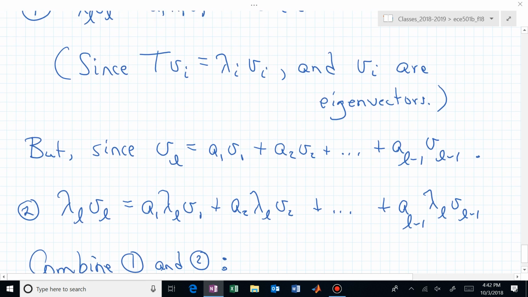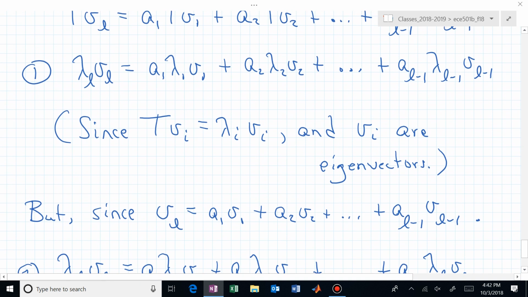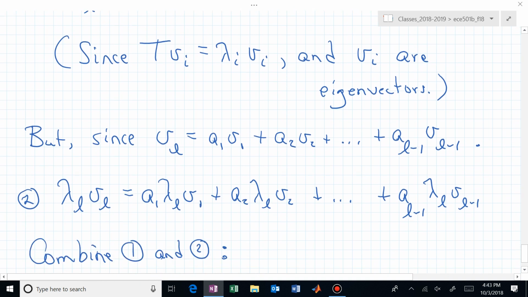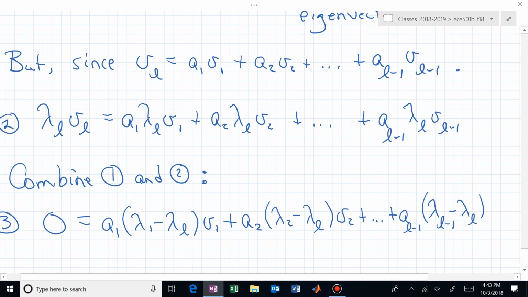It's kind of a mess, but I have A1 is the same, but now I have lambda 1 minus lambda sub L times V1, plus that same structure for all of these other terms: A sub 2 times lambda 2 minus lambda sub L times V sub 2, and A sub L minus 1 times lambda sub L minus 1 minus lambda L times V sub L minus 1.